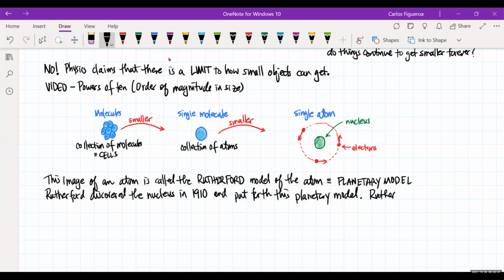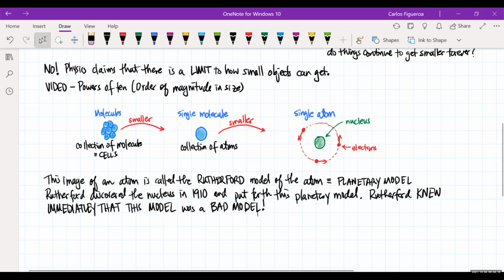Rutherford knew immediately that this model was a bad model, right? He knew that this was a model that does not work.